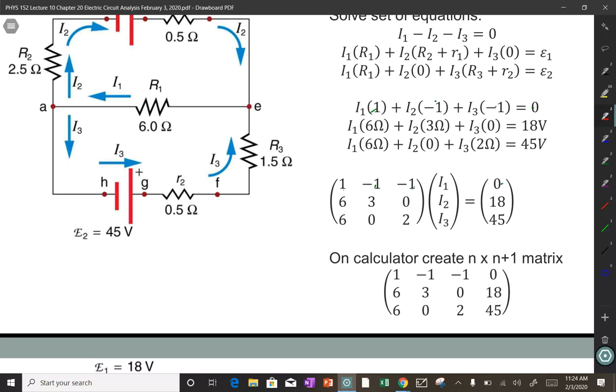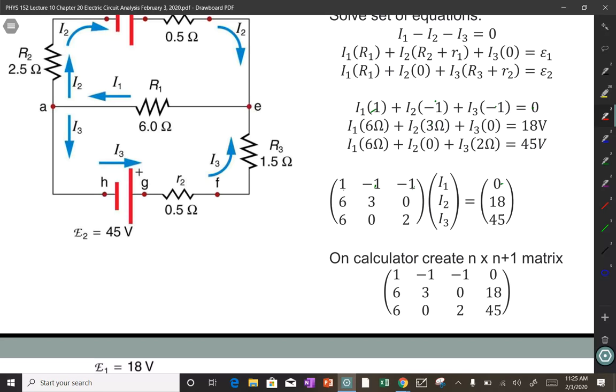Notice the names are kind of limited: A, B, C, D, E, F. Choose a name, and you need to set the dimensions. So your dimensions are going to be n by n plus 1, where n is the number of unknowns. So we have 3 unknowns, so you're going to make a 3 by 4 matrix. So I'm just going to choose A on mine, and 3, enter, 4, enter. Now I have a 3 by 4 matrix.